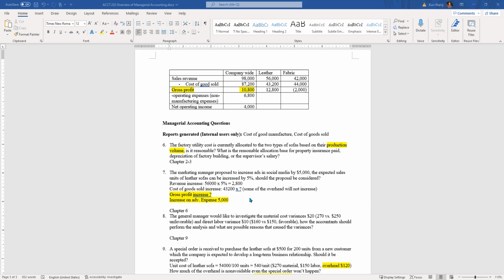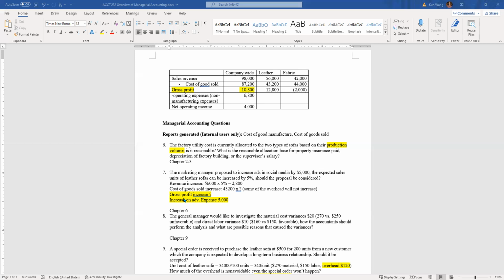So how can we find out how much the production cost will increase? We need to get more information based upon the cost analysis for the overhead: which are variable, which will increase proportionally with the sales volume, and which will stay the same. Then after that, we can decide how much the cost will increase and how much the gross profit will increase, which is the difference between revenue and cost.